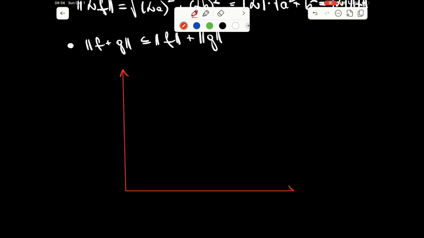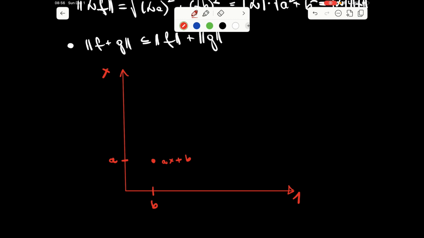So let me try to represent the basis and the points. We have a function here. This is ax plus b, and this is coordinate b, and this is coordinate a.